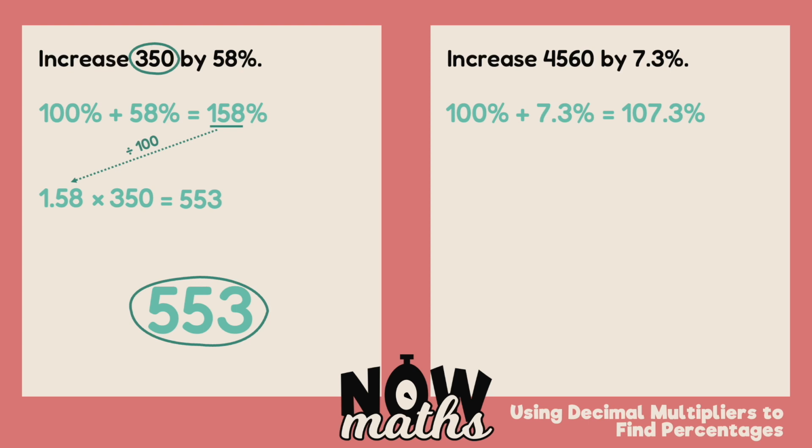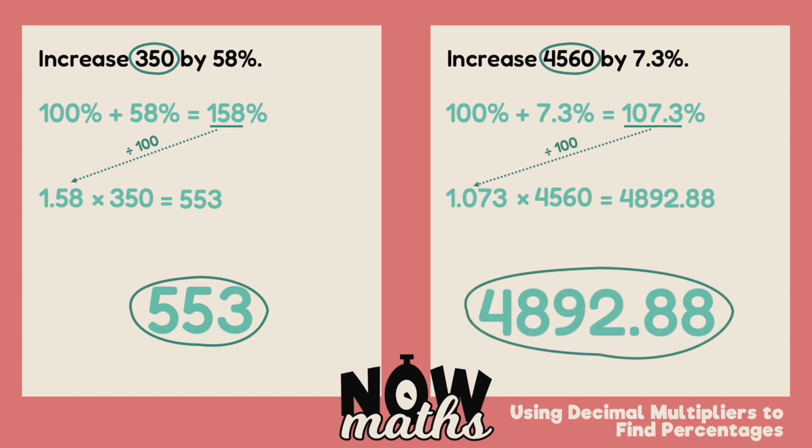Now to find our decimal multiplier, we divide 107.3 by 100 to give us 1.073. And since we're increasing 4,560, we multiply 1.073 by 4,560 to give us the answer of 4,892.88.